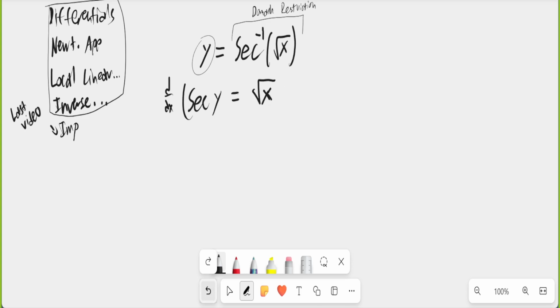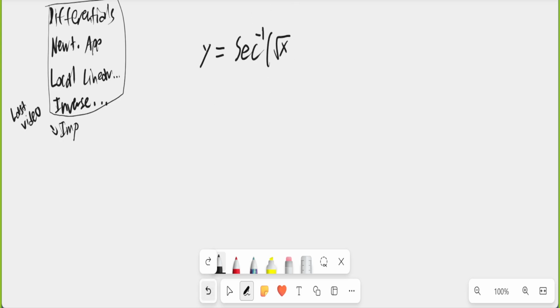So what we need to do is, do you agree that this is also, this? I think this works. Secant, cosine inverse root x. I think those are the same, right? We can agree on that.